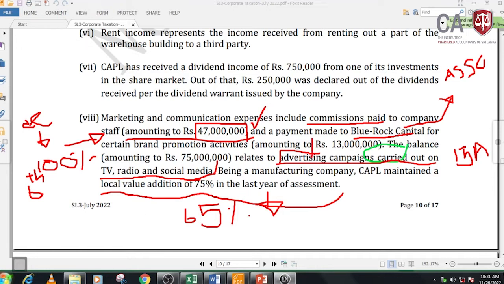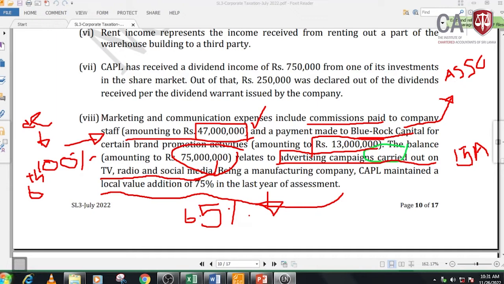Then 13 million you can deduct once, but this 75 in total you can take the benefit. The 75% or 60, more than 65% value addition requirement is there. That's the first one.